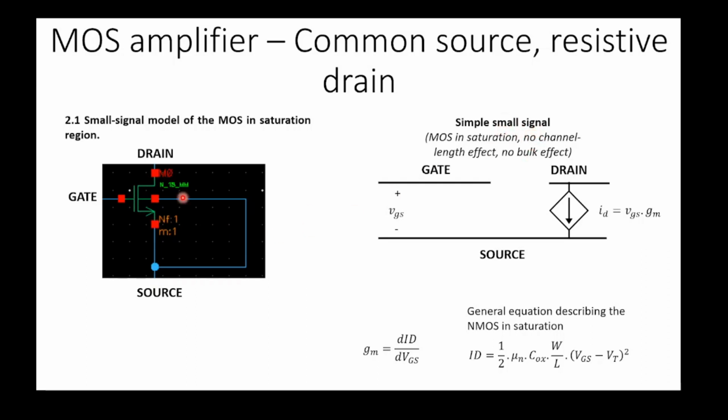We have an NMOS as the physical device, and then they do experiments, they extract details about the characteristics of the MOS, and then they abstract it into an electrical model. And this is the electrical model of our MOS in the saturation region. With this simple small signal model, we also neglect a lot of secondary effects like the channel length effect and the bulk effect.